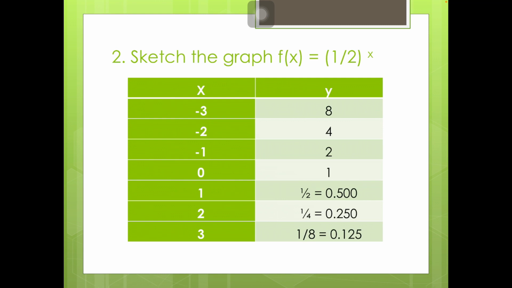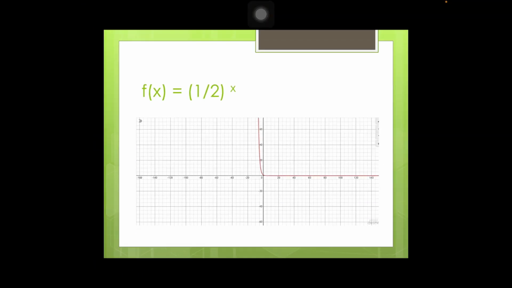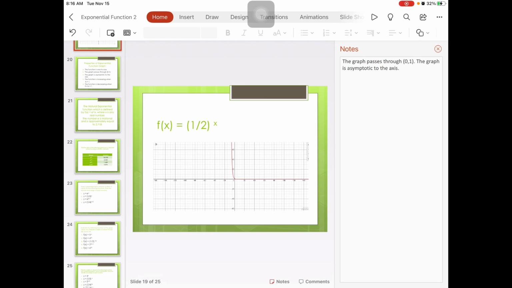So if you're going to graph that, you get each coordinate and plot it on the Cartesian plane. And it will be looking like this. f of x is equal to 1/2 raised to x. So what's the note? The graph here passes through 0 and 1.